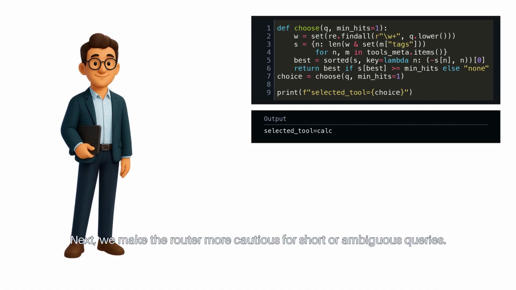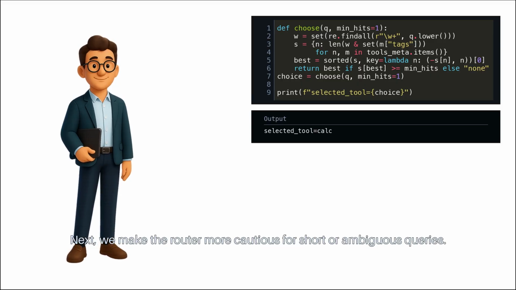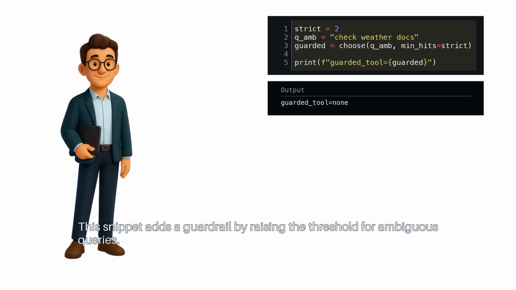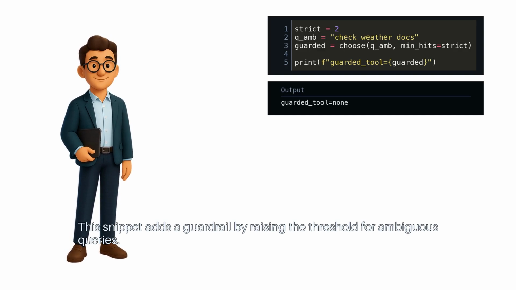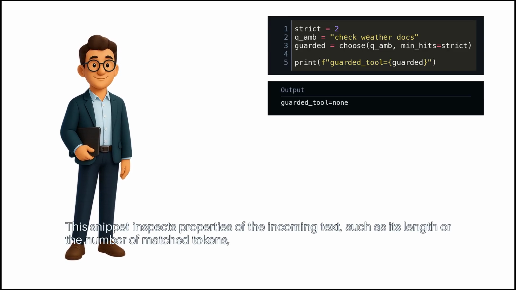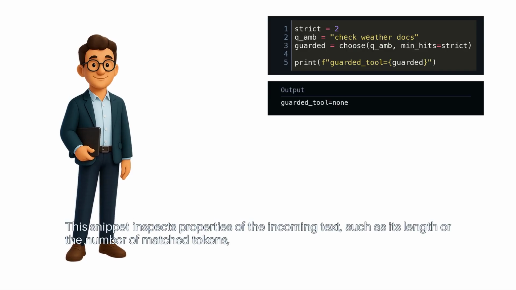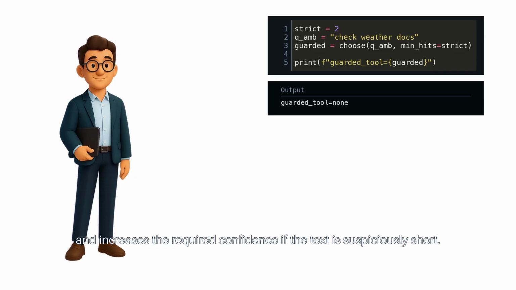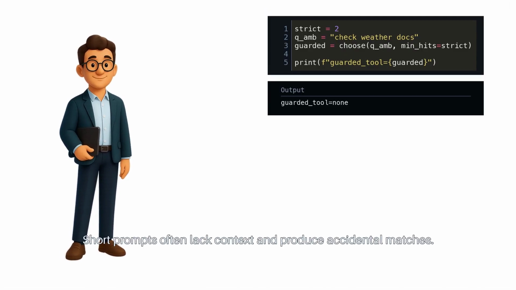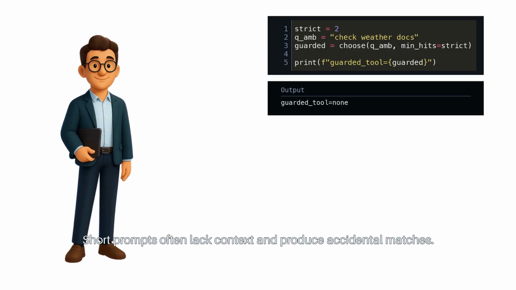Next, we make the router more cautious for short or ambiguous queries. This snippet adds a guardrail by raising the threshold for ambiguous queries. This snippet inspects properties of the incoming text, such as its length or the number of match tokens, and increases the required confidence if the text is suspiciously short. The idea is simple. Short prompts often lack context and produce accidental matches.